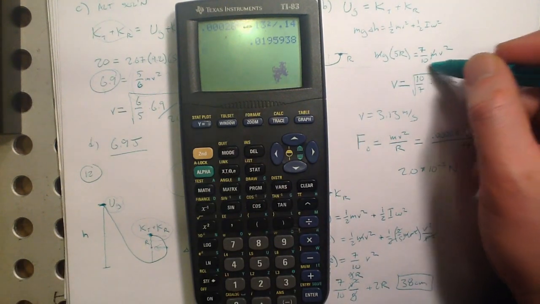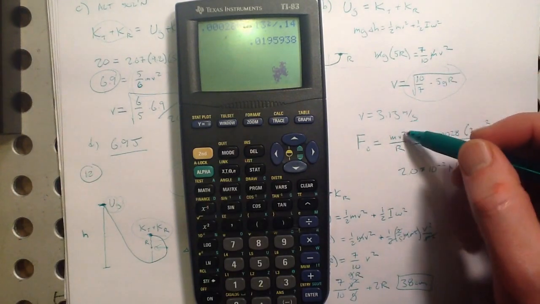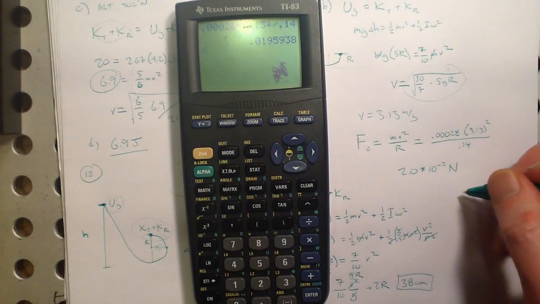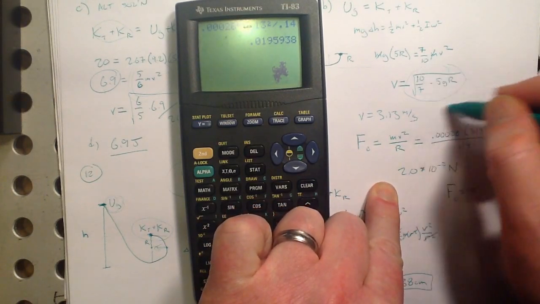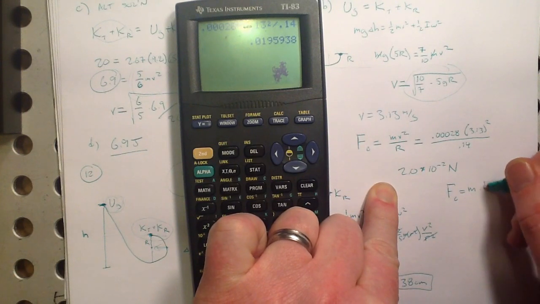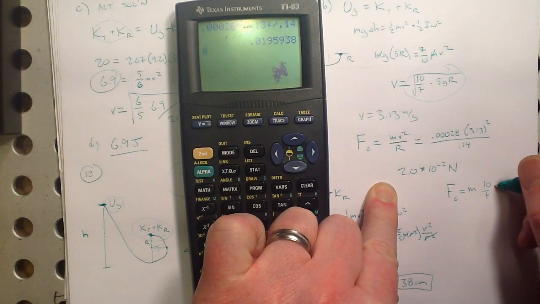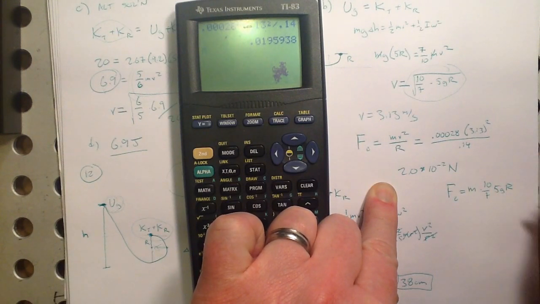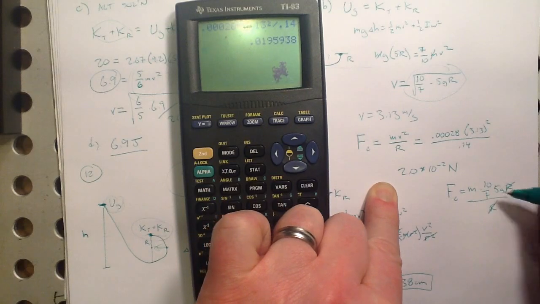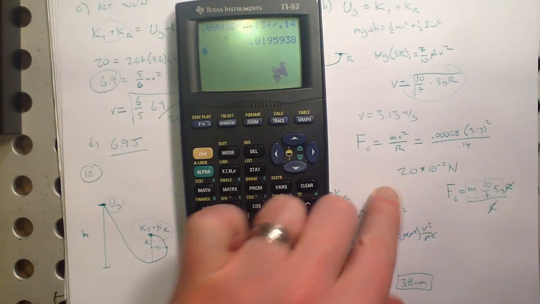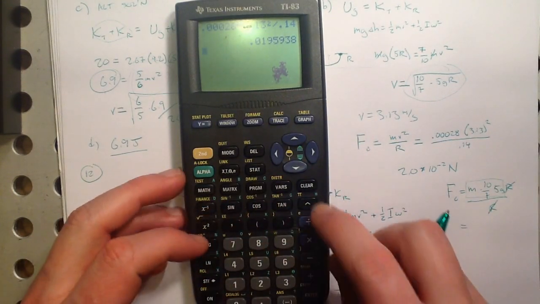You could have taken this and said, well, I know this is true. So in this expression here, the centripetal force would become m, and then v squared is this whole thing without the square root sign, times 10/7 times 5gr over r. So the r's cancel. So if I just do this straight calculation here, let's see if I get what the book has.